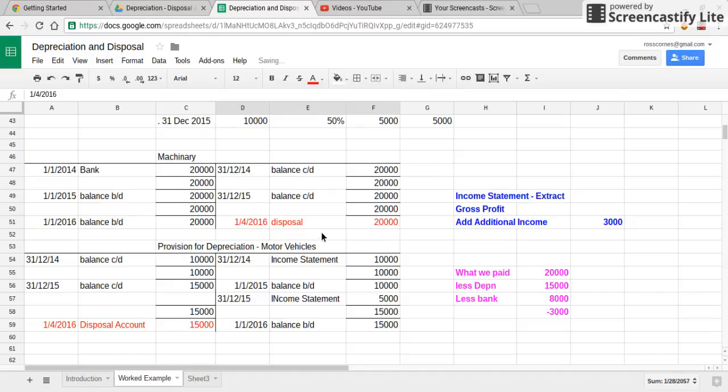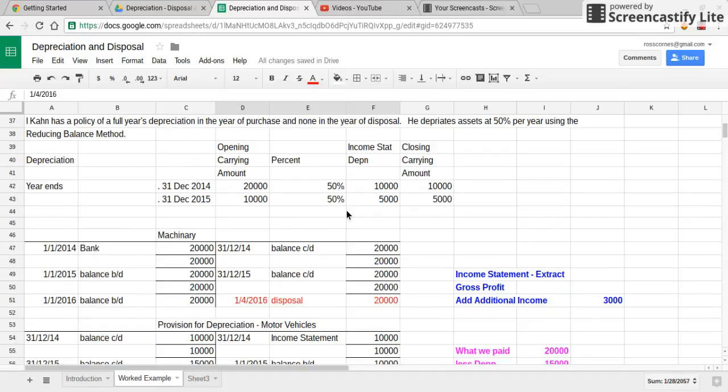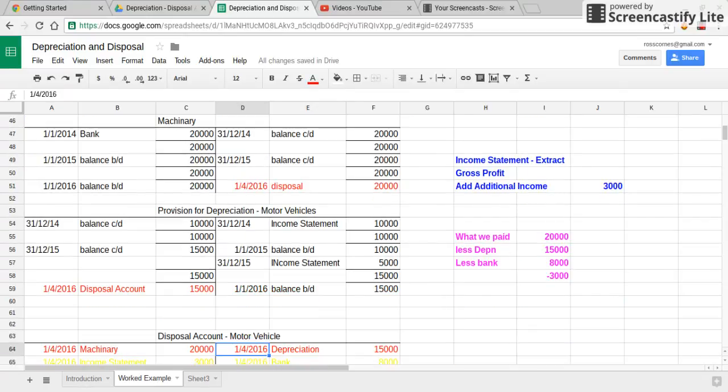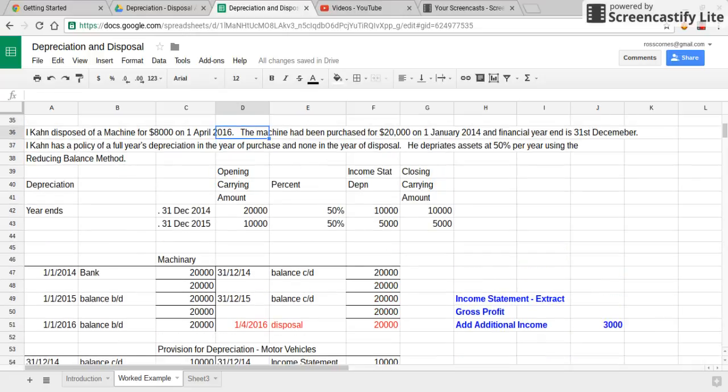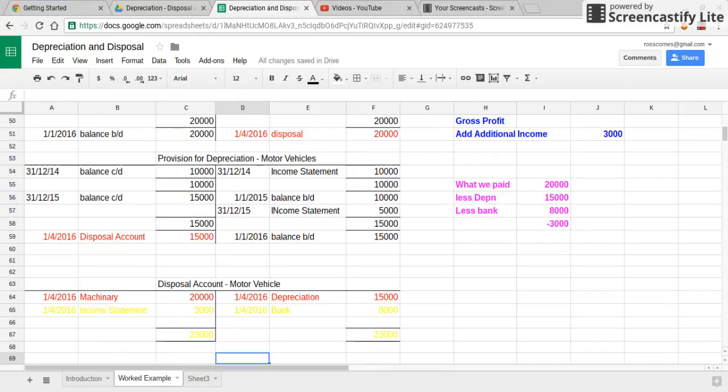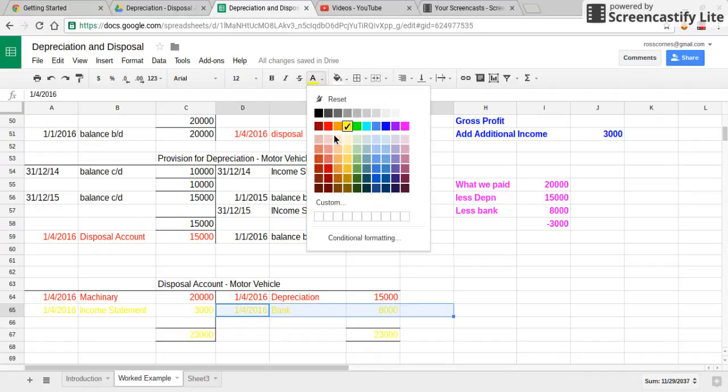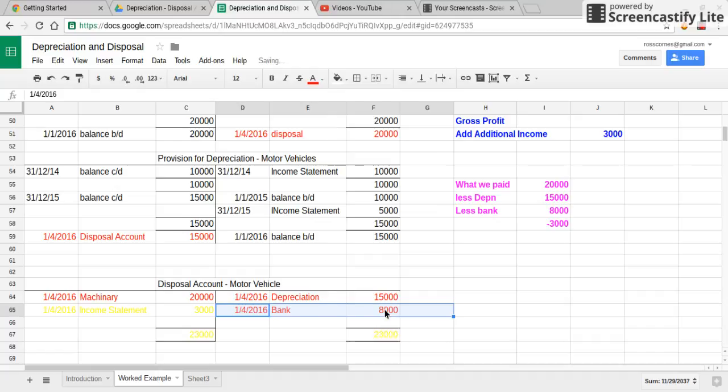And from the bank, we found that he got $8,000 paid into the bank. So debit bank, credit disposal account, just straightforward double entry again.